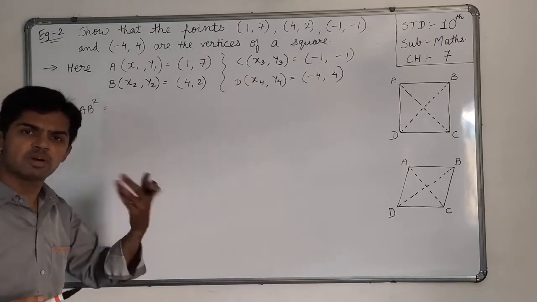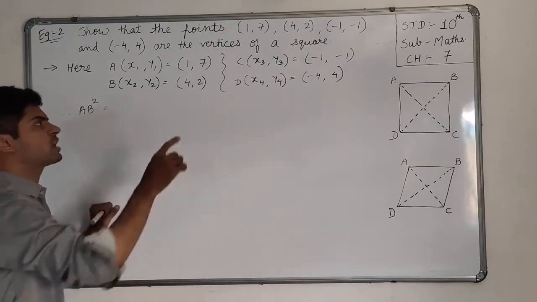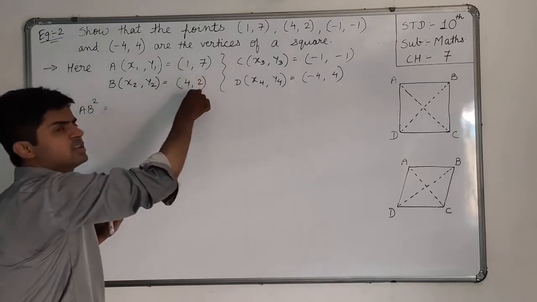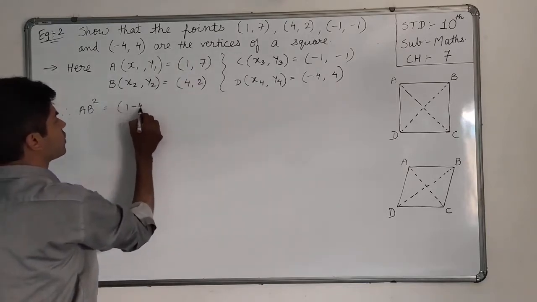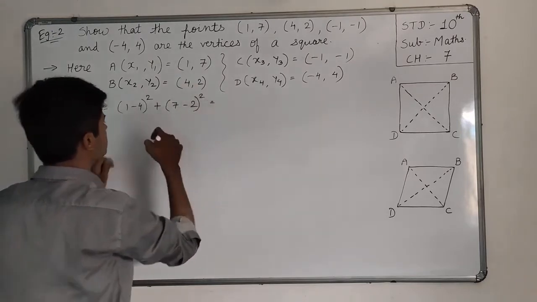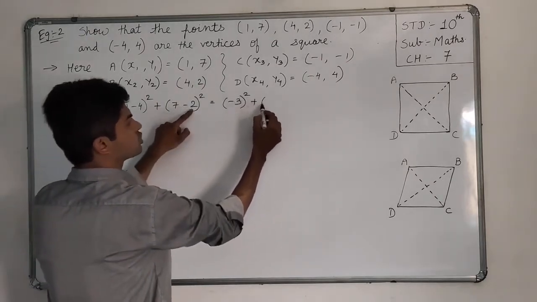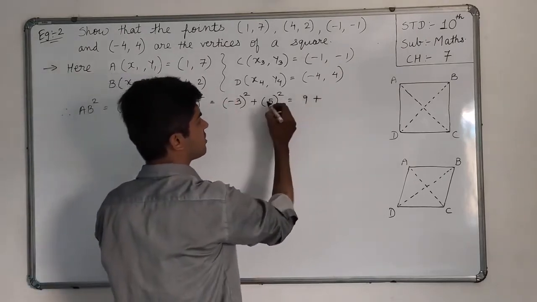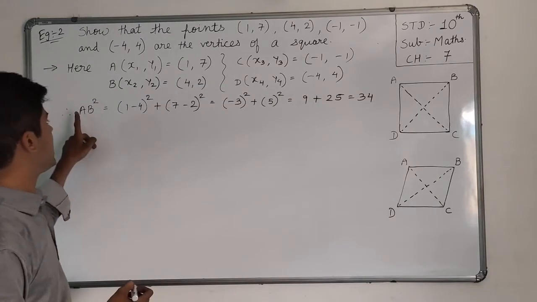Okay, so now let us start with our first distance, that is AB square. We will find AB square, and after that we will find AB. Simple. In AB square we directly apply the numbers: first minus first whole square, plus second minus second whole square. Understood? (1 - 4) whole square plus (7 - 2) whole square. 1 minus 4 is minus 3, whole square, plus 5 whole square. Minus 3 square will be 9 and 5 square will be 25. If you add, you will get 34, which is the answer of AB square.